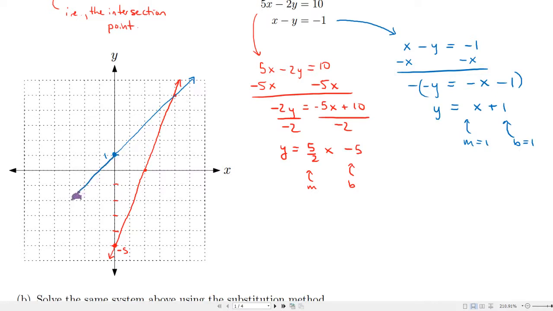Do you see the intersection point is right here? So where the red line and the blue line intersect, because I could use purple to designate that intersection point. Okay, so the intersection point is the solution to the system.